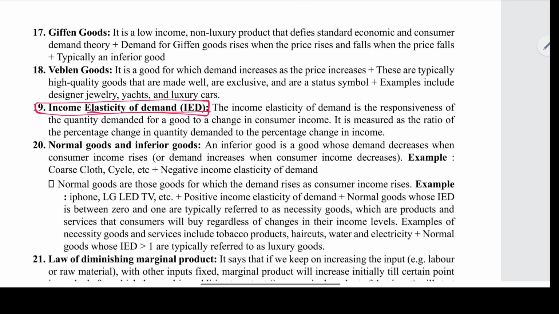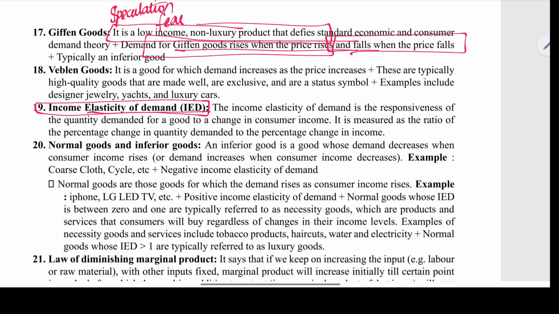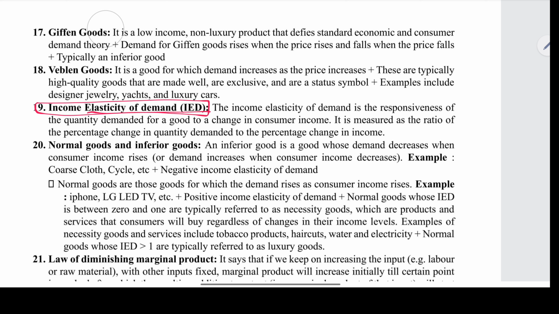For example, because of market speculation and fear, demand increases even for this low income non-luxury product when the price increases, and the demand falls when the price falls. The same thing applies for a Veblen good, which is a superior good, like designer jewelry and luxury cars.